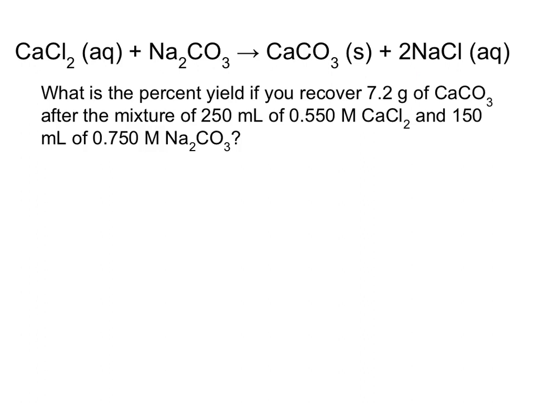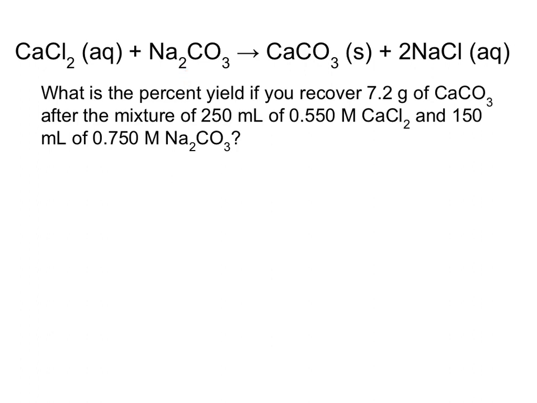And so in this reaction, we actually were able to recover 7.2 grams of our calcium carbonate after mixing together 250 milliliters of 0.550 molar calcium chloride and 150 milliliters of 0.750 molar sodium carbonate.